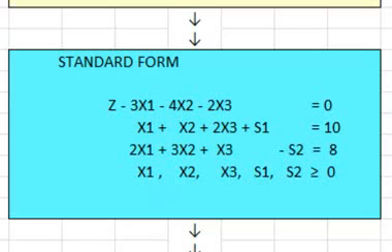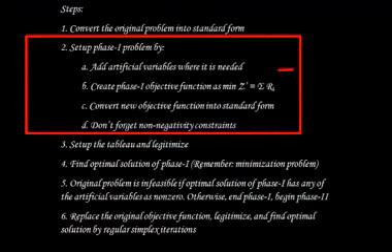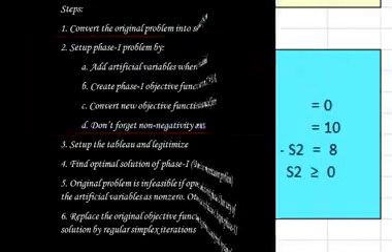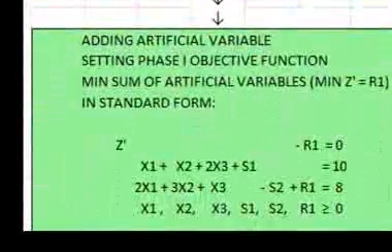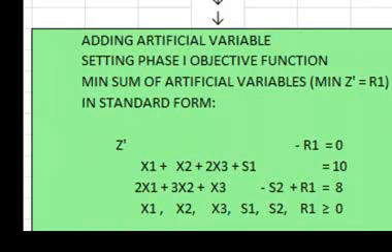Now that the standard form of the original problem has been accomplished, we need to start phase 1 of the problem. In this case, first of all, we're going to add artificial variables. There's only one artificial variable needed for this small problem, and that's on the second constraint.